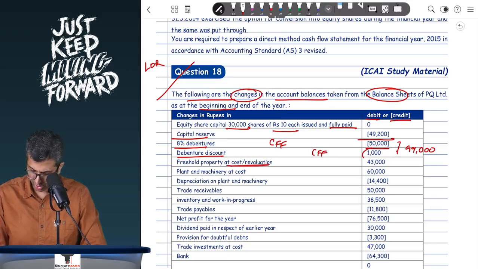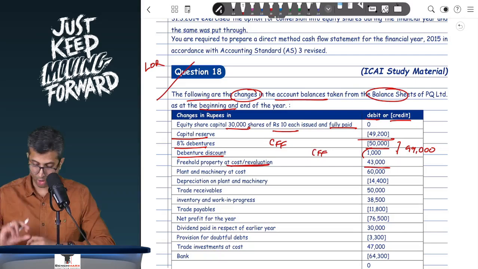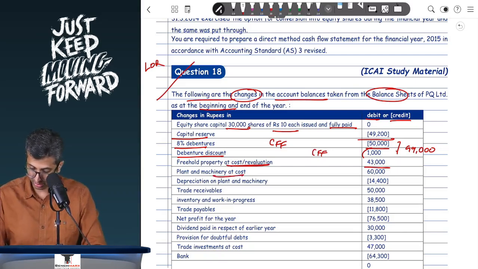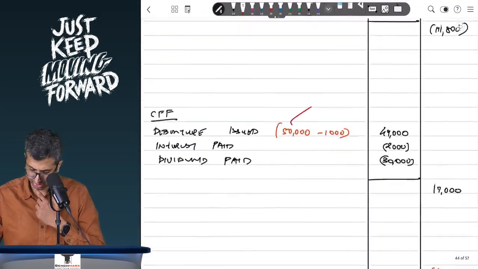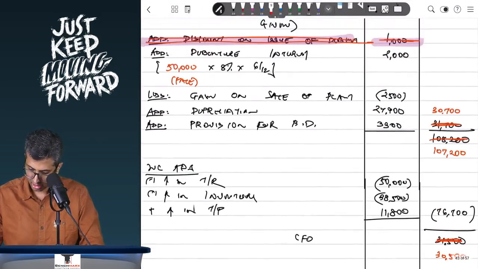Freehold property at cost or evaluation changing by 43,000. So this is a net change of freehold property by 43,000 and plant and machinery at cost by 60,000. That is a net change. Maybe that is new machinery purchased. Depreciation on plant and machinery 14,400. So this is 14,400 of depreciation coming here.